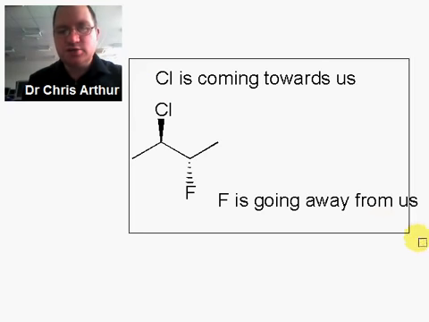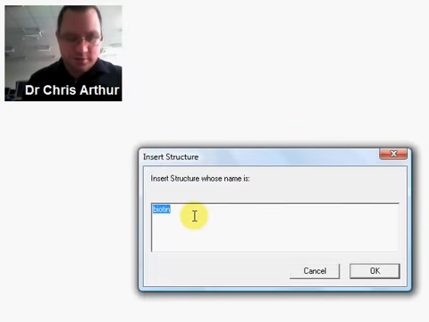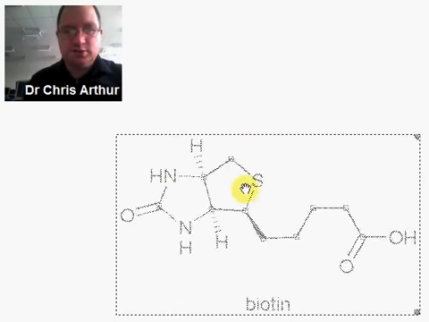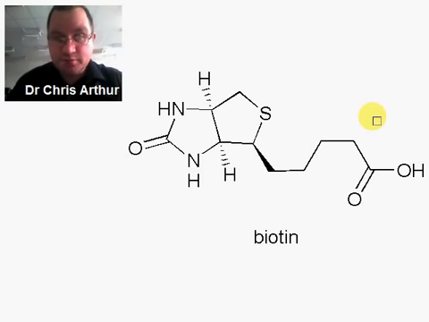Let's look at a more complicated example to pull all these concepts together. Here's a compound called biotin. It's a vitamin, and it's incredibly important to individuals' health.